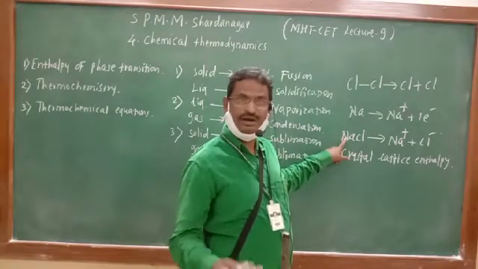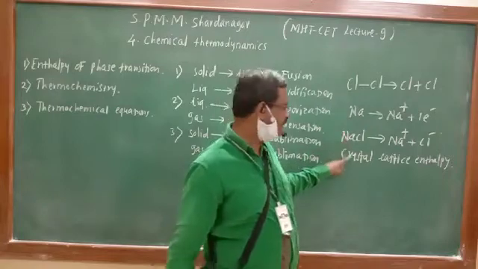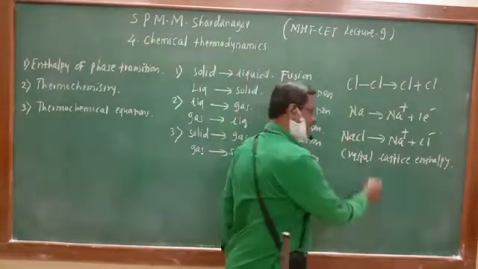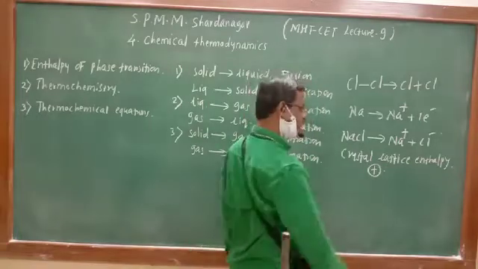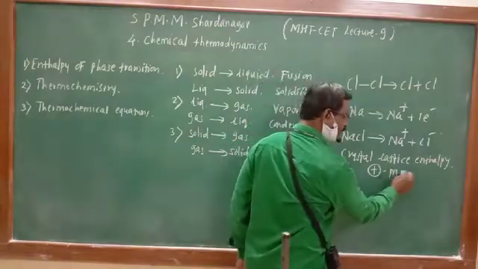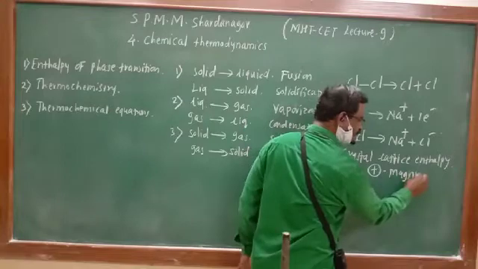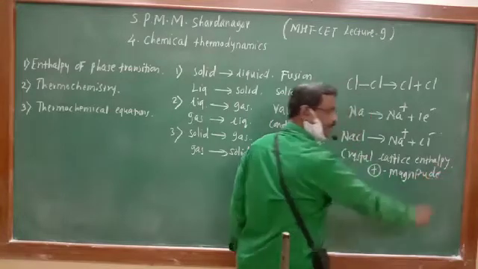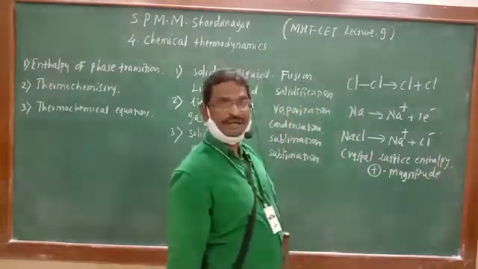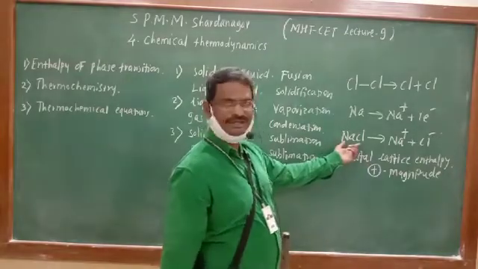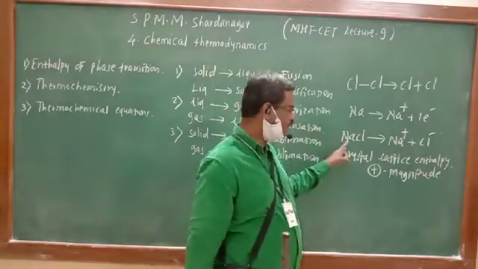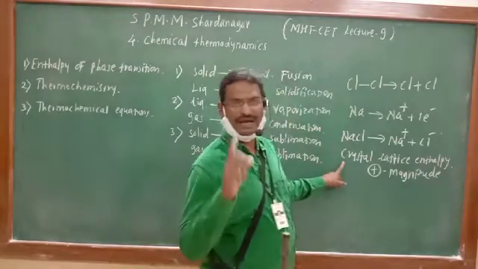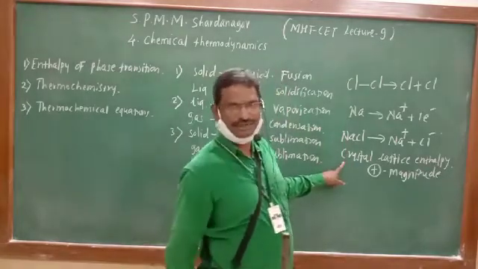Breaking of bond absorbs energy. Therefore, crystal lattice enthalpy is always a positive value. Why positive magnitude? Because there is a breaking of bonds between the atoms, forming ions. That is known as crystal lattice enthalpy, and it always has a positive magnitude.